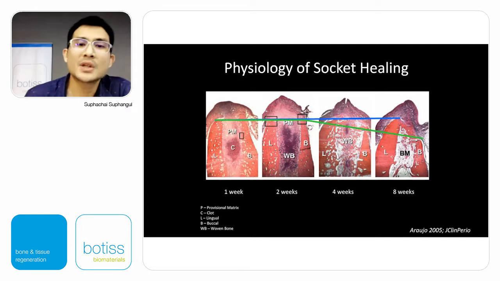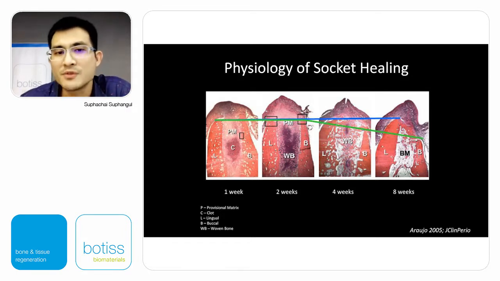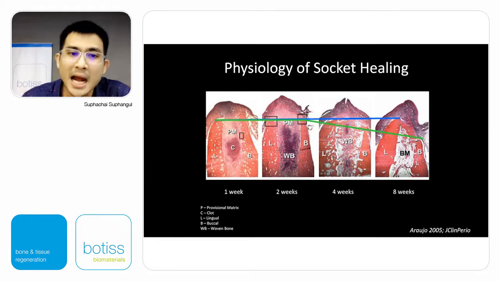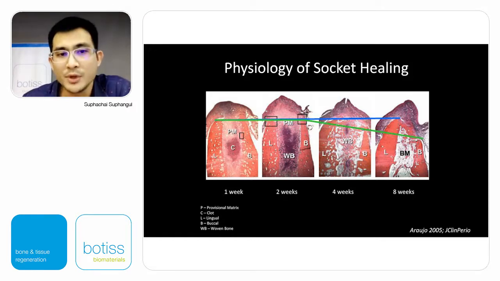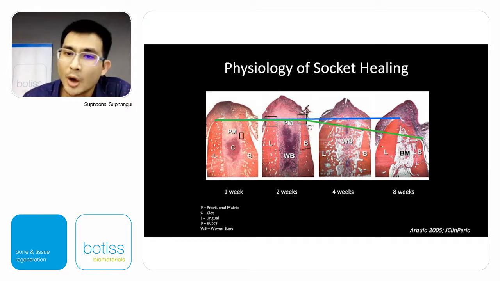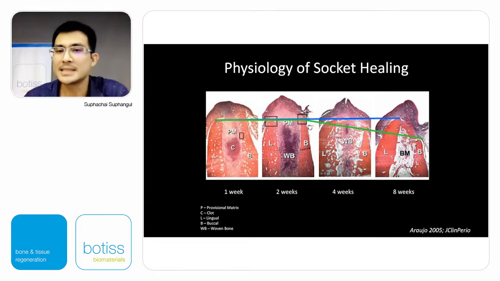This is a histology from around 2005 in the canine model. After the teeth are lost, you can see the vertical height is still okay, because the lingual or palatal plate keeps that dimension, but the buccal plate will recess as the bone dries, and then they build up bone over it and reorganize the tissue.